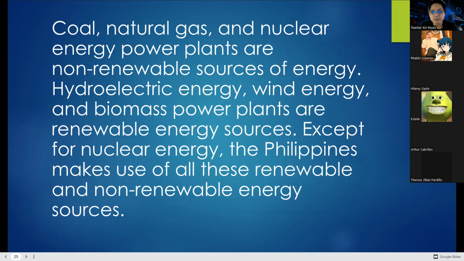Remember that we don't have waste management for nuclear waste. That's the main issue actually. It is actually ready for use, but the problem there is we don't have the facility to manage the wastes that this nuclear power plant will be producing.